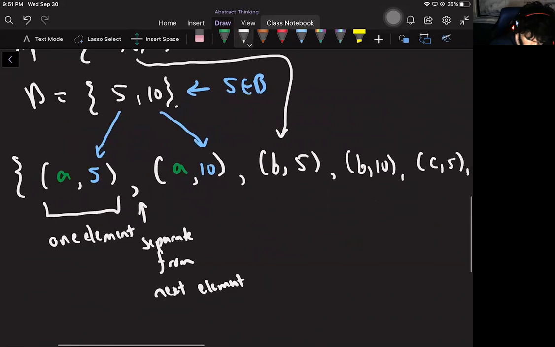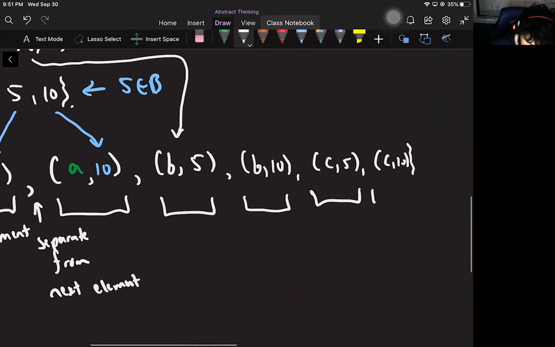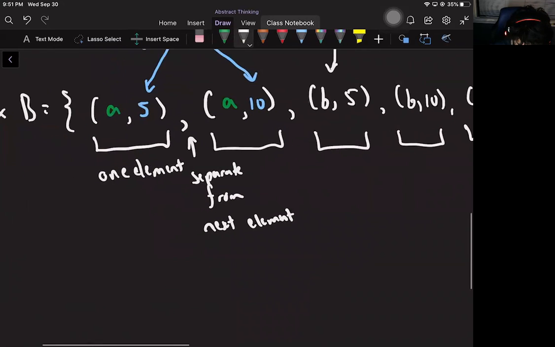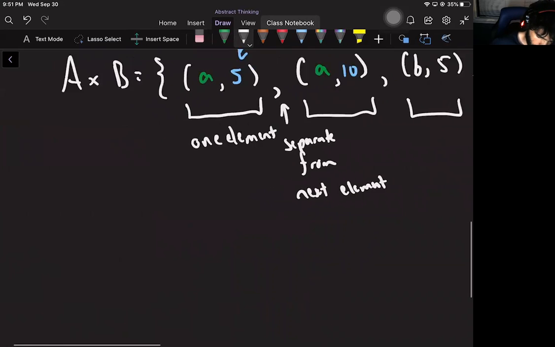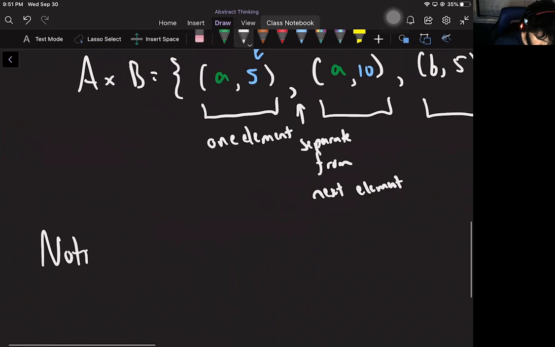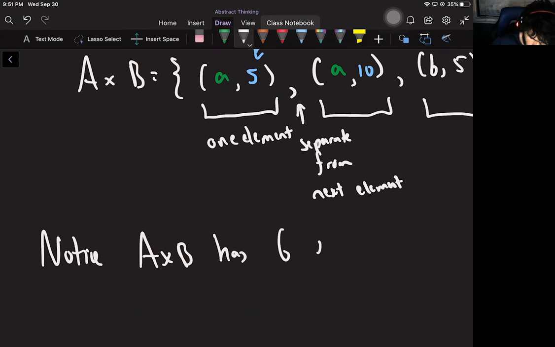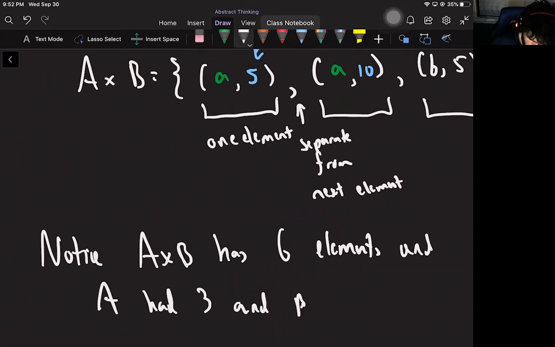One thing we should do is just figure out how many elements we have. We have 1, 2, 3, 4, 5, 6. And that's not so surprising because of the word product. So notice A cross B has 6 elements, and A had 3 and B had 2.